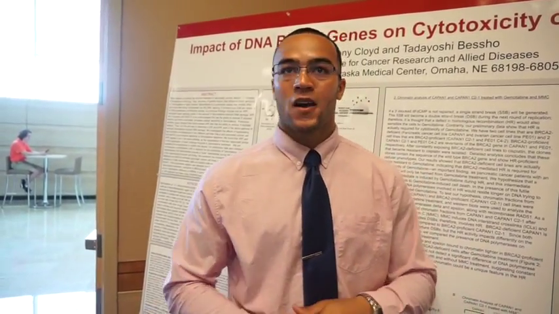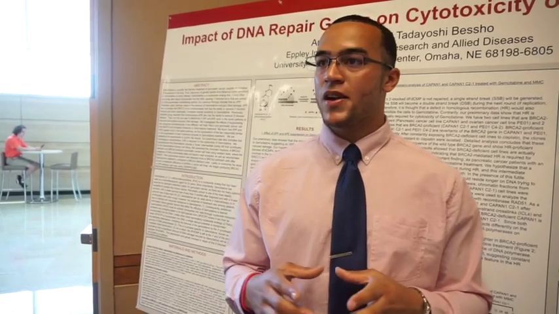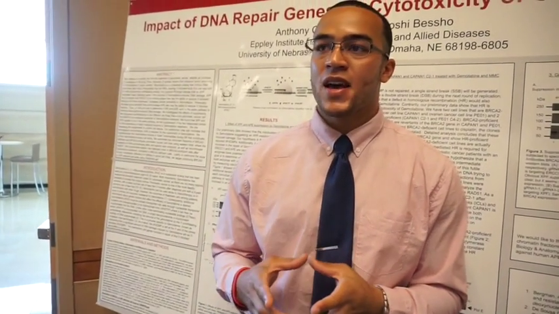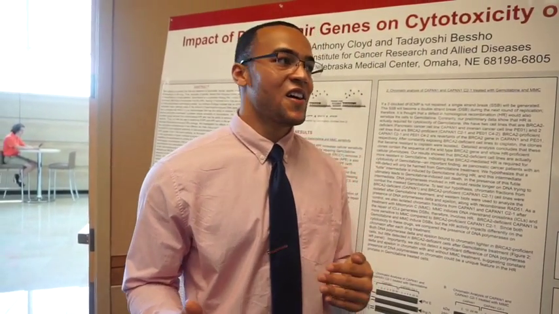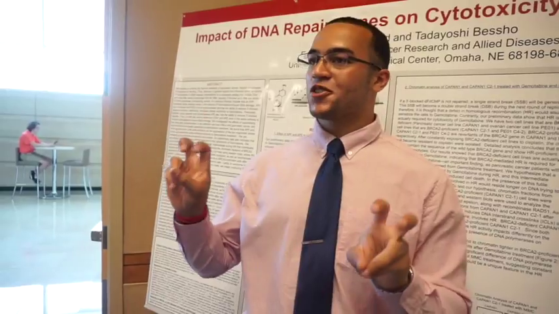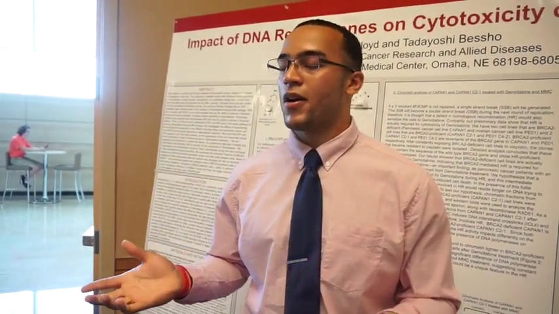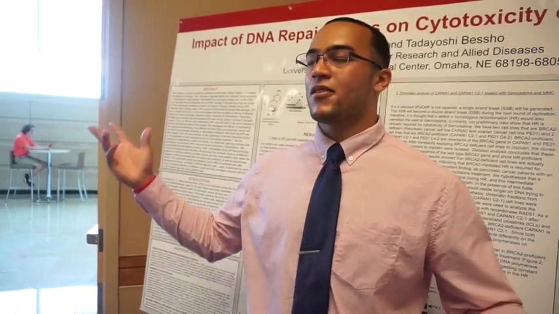And if we can eventually create an entire cell line where these cells don't have BRCA2 or don't have XPF, that would make things so much easier in the world of doing experiments, because you wouldn't have to deal with the transfection efficiency, as we call it, of trying to get the siRNA into the cell. It might work, it might not, which totally throws off everything else.